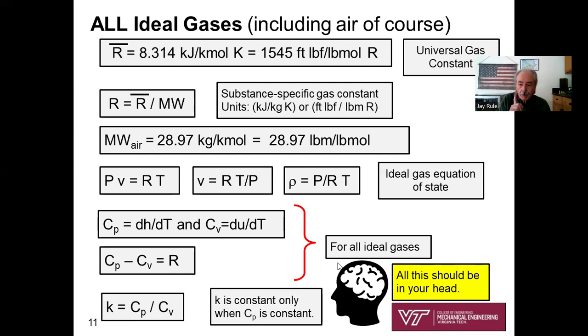Another thing you know is little k, defined as Cp over Cv. When is k constant? k would be a constant whenever Cp is a constant, because k is Cp over Cv. The only way to force k to be a constant is for Cp or Cv to be a constant. All of this you should have in your head.